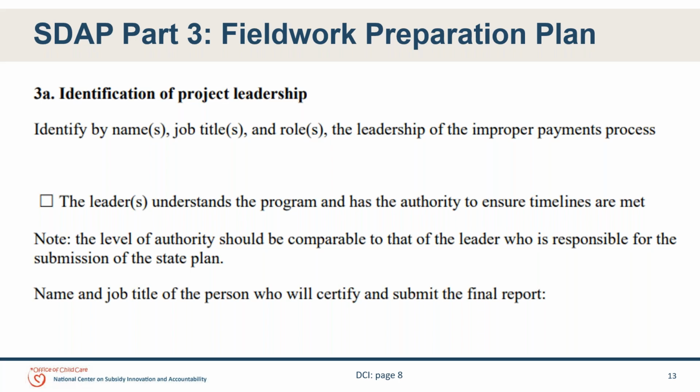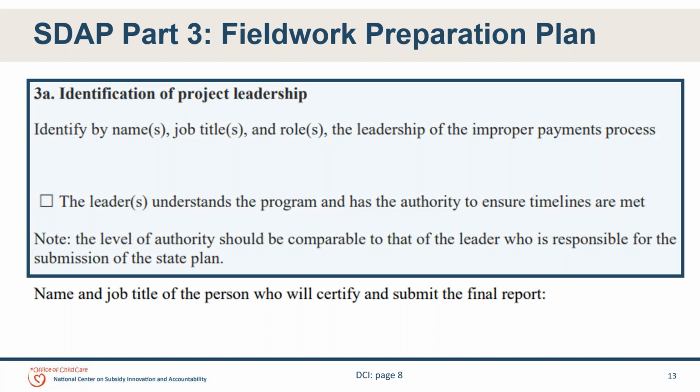The final set of items in the SDAP is part 3, and this is the fieldwork preparation plan. In this section, you'll be describing your error rate team and plans to prepare for the review. To start, 3A is for identifying the project leadership. First, you'll give us the names, job titles, and roles of the leadership team.